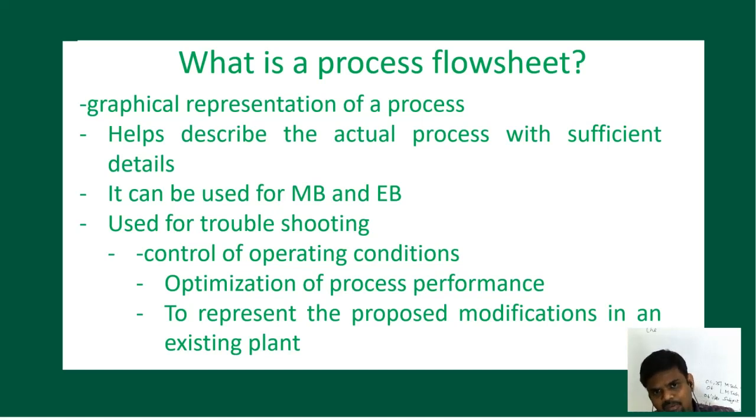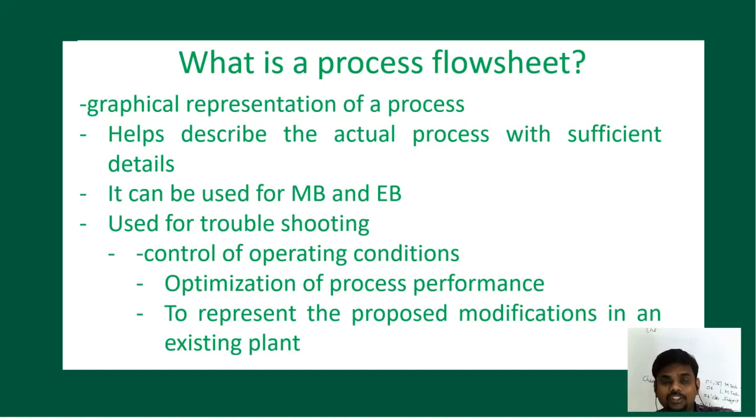Or say for example, one existing plant is there, you joined as a chemical engineer there, and you want to improve the system. For example, the current technology being used to produce the material is emitting a lot of pollution. It is causing a lot of pollution to the environment. But if you have a greener technology, a green method to produce the same, where you minimize the toxic emittance into the atmosphere, you can make modifications in the existing plant, right?